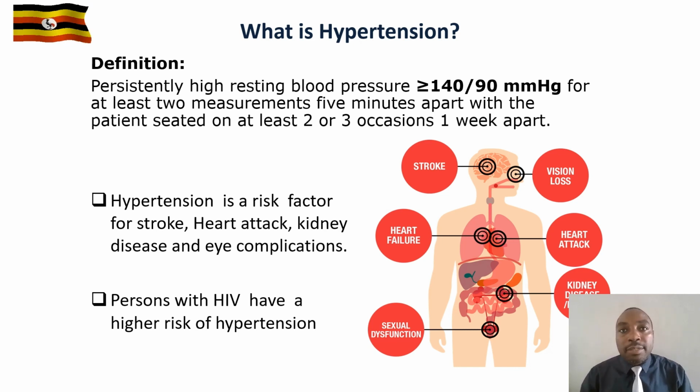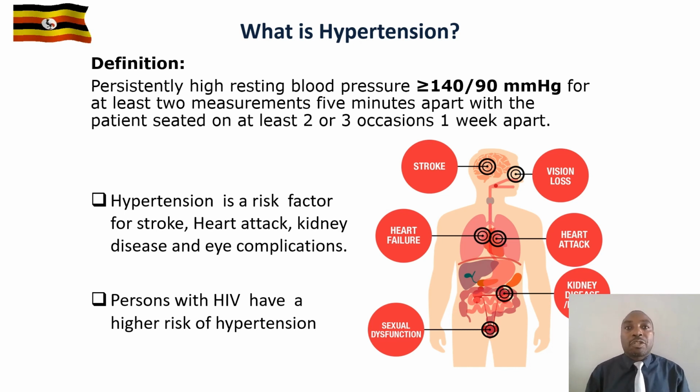So we don't take one blood pressure reading and conclude that somebody is hypertensive. We have to take several readings and conclude because it is persistently high when this person is at rest. We use the cutoff of 140 systolic over 90 diastolic.